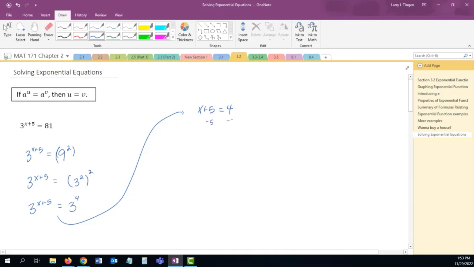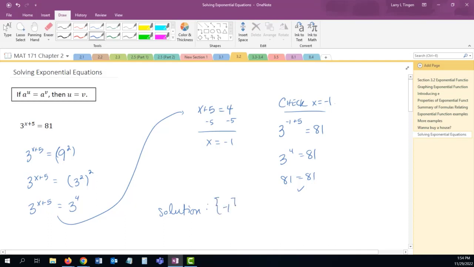Solve for x, subtract 5 from both sides. And we're going to find x is equal to -1. And then we go back and check, because extraneous solutions are possible when we do these problems. So to check, I go back to the original: 3 to the -1 plus 5 is equal to 81. -1 plus 5 is 4. 3 to the 4th is 81. That checks. So then my solution set contains -1.